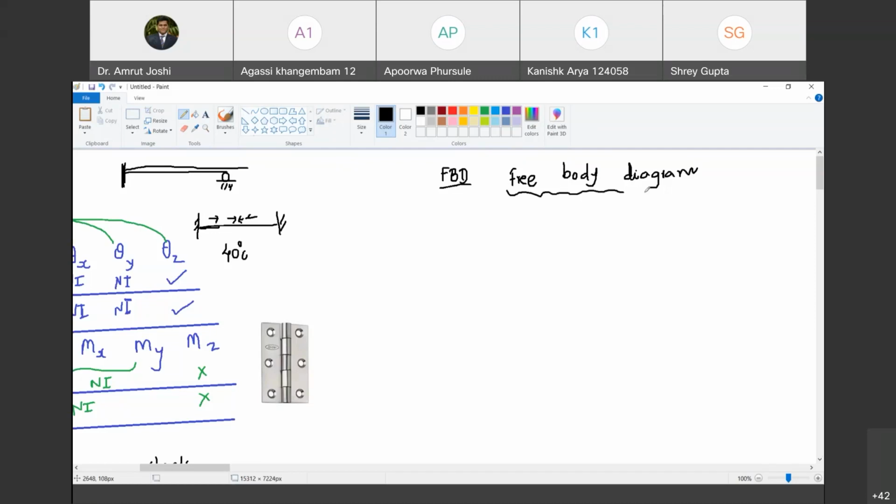You must have learned something about free body diagrams in your 11th, 12th physics. Can you tell me, Agassi, what do you understand by free body diagram? The forces experienced by the body. Yeah, so what you are trying to say is show all the forces on the body, and that diagram is called a free body diagram. Anyone else has any other understanding, or everybody agrees with this definition?